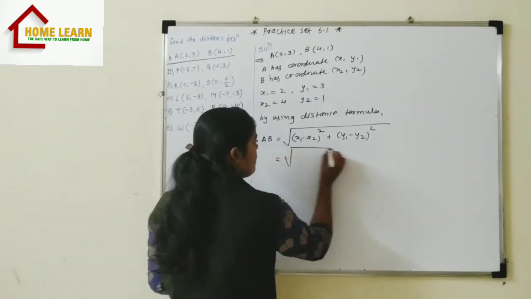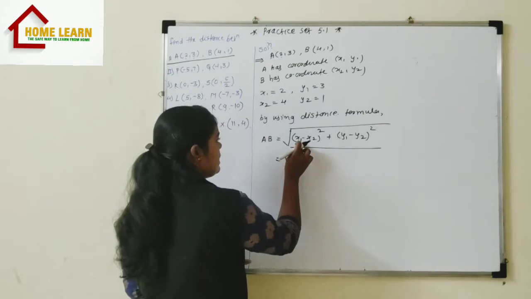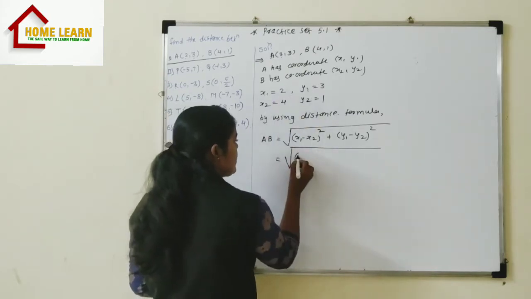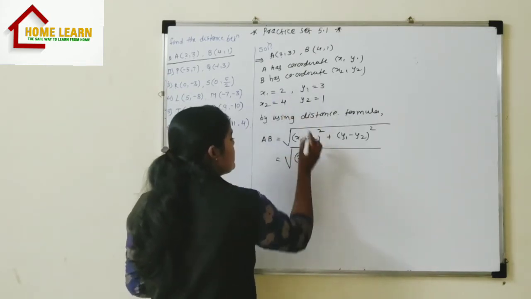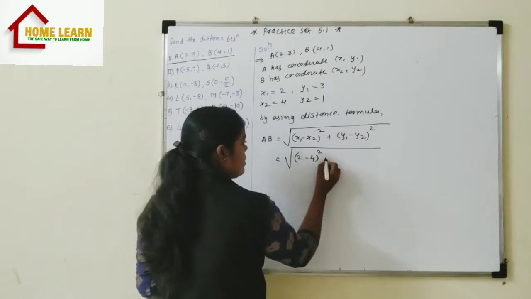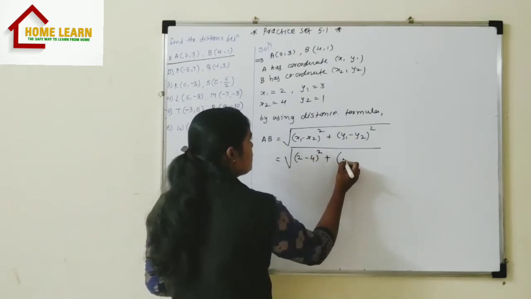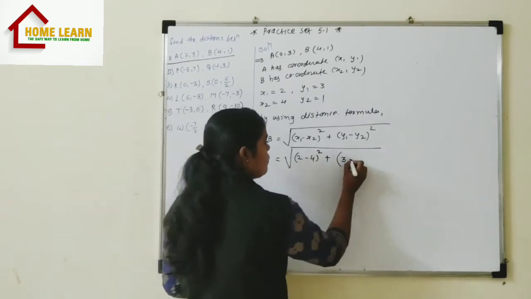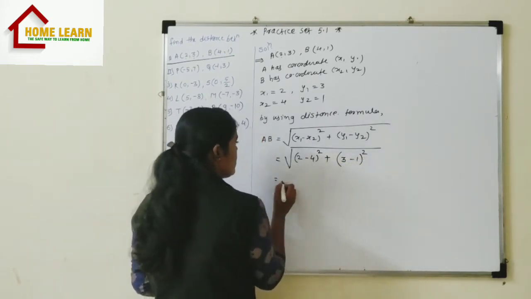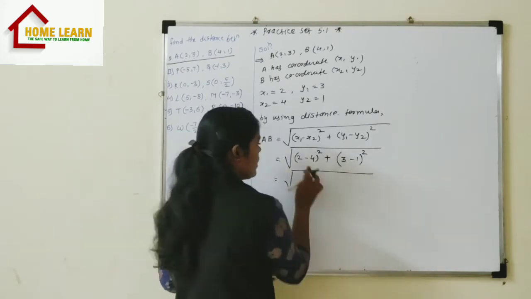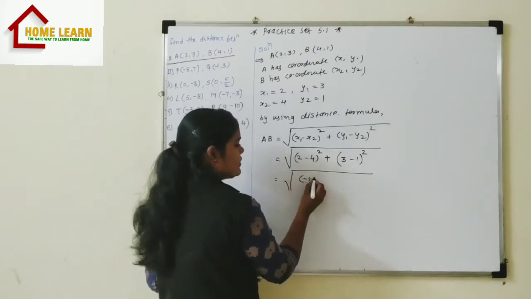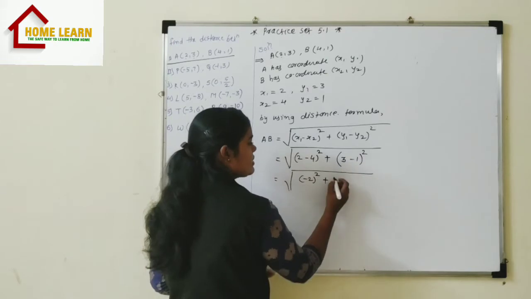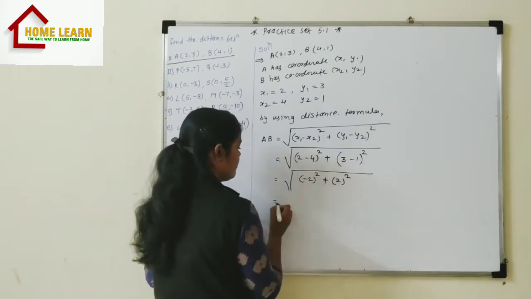After putting the values in the formula, x1 is 2, so write 2 minus x2 which is 4, squared, plus y1 is 3 and y2 is 1, squared. Now 2 minus 4 is minus 2, squared, plus 3 minus 1 is 2, squared.